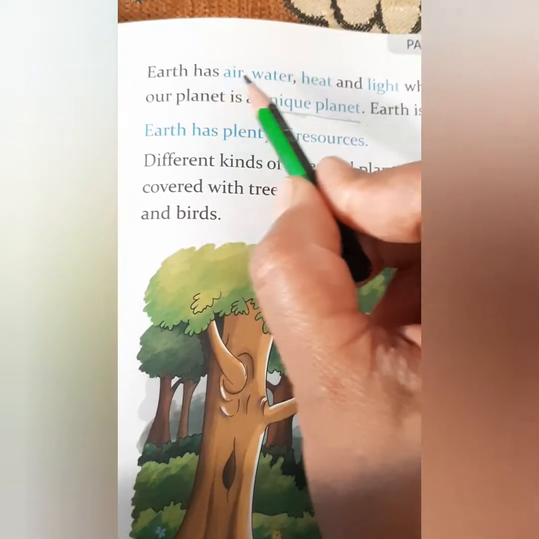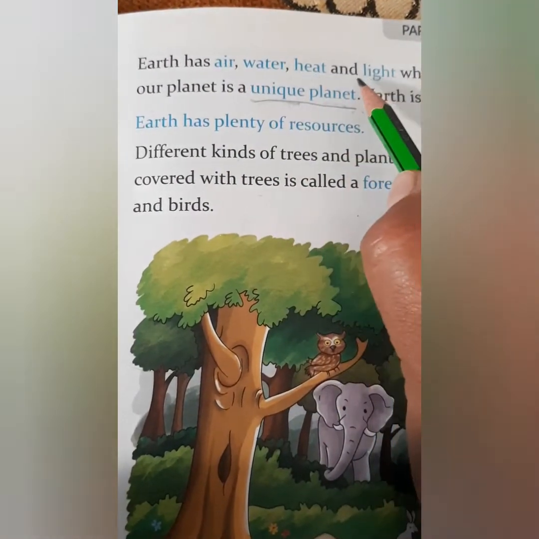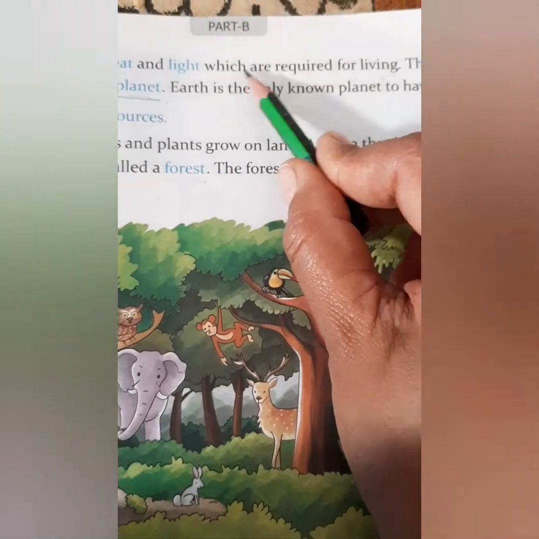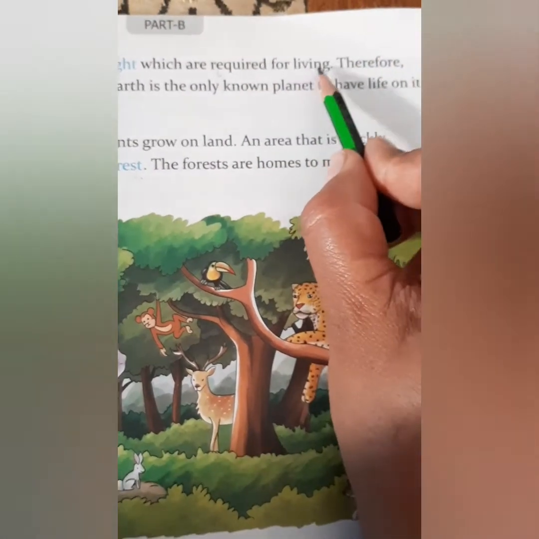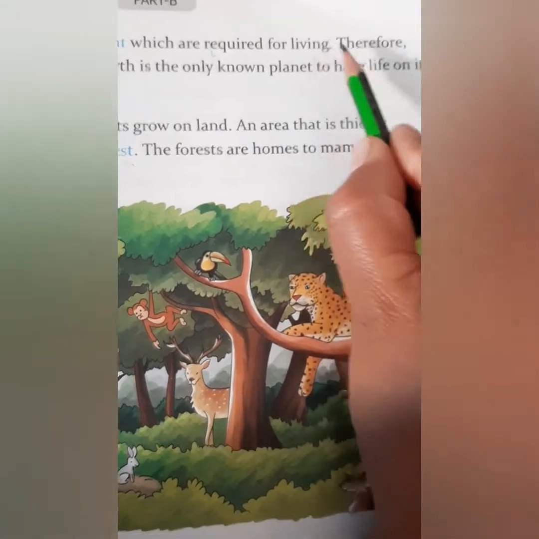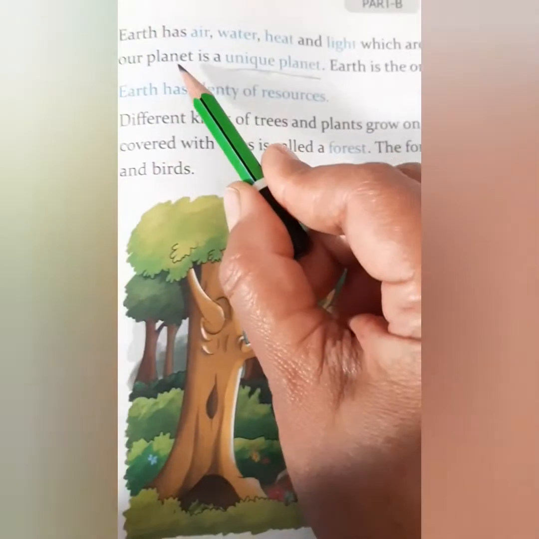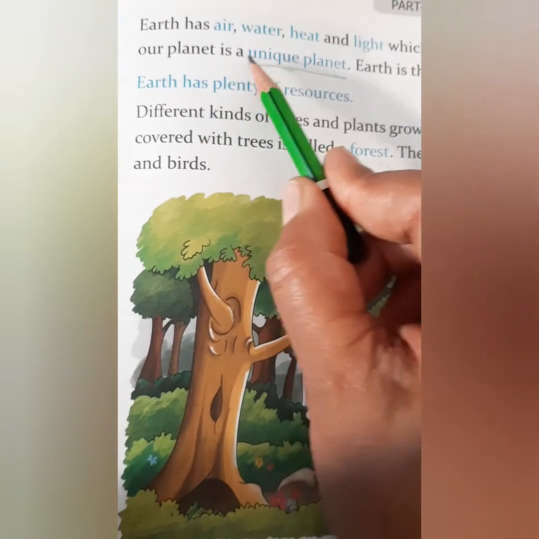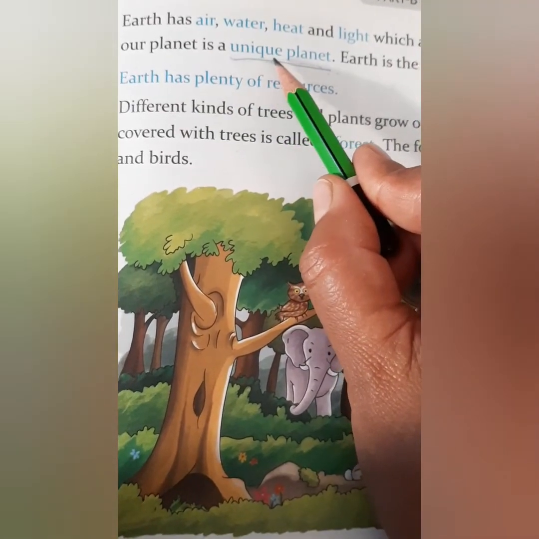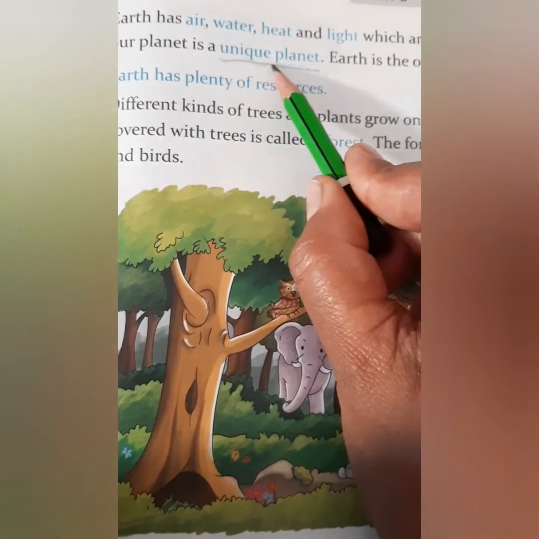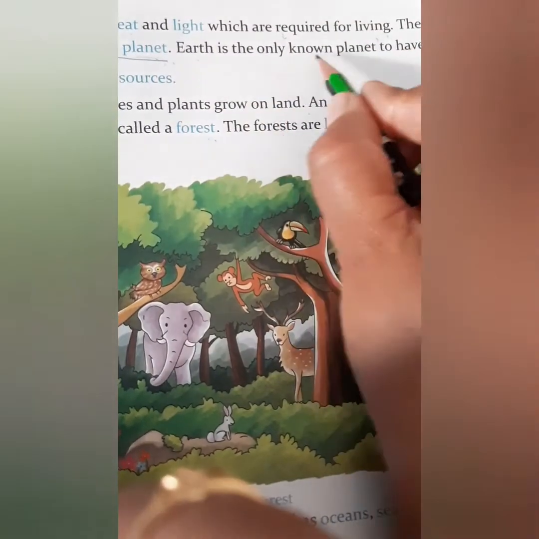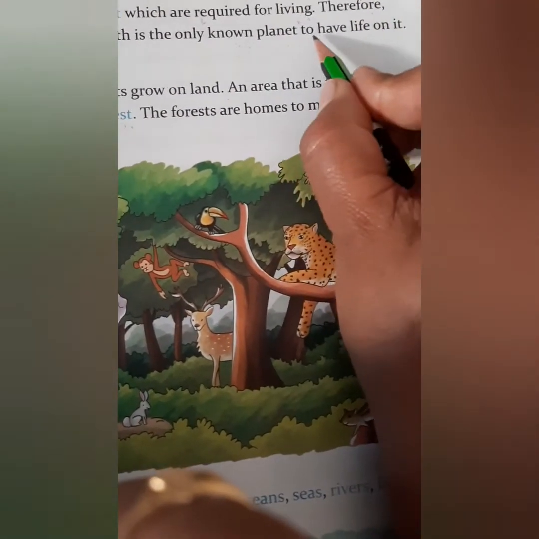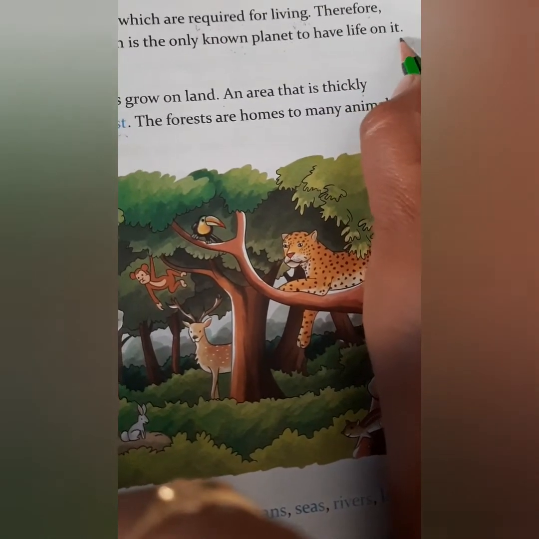Next, earth has air, water, heat and light, which are required for living. Therefore, our planet is a unique planet. Earth is the only known planet to have life on it.